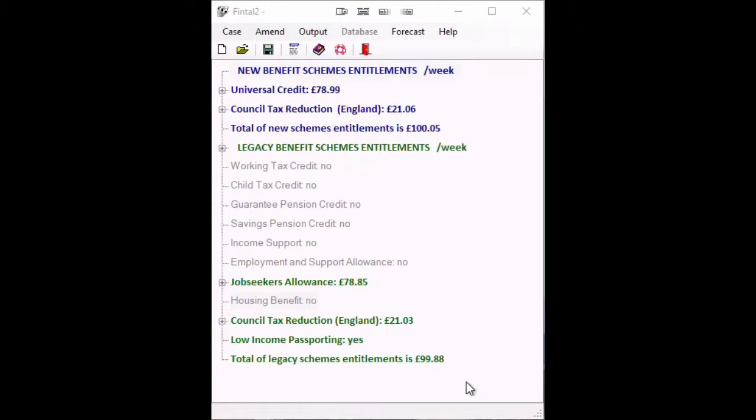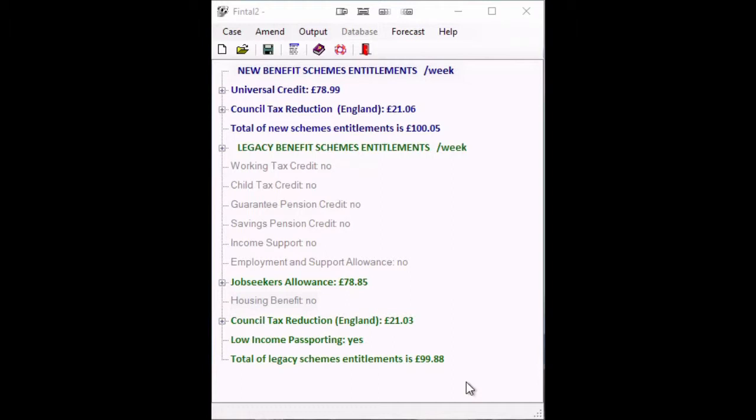There is a new complication in the benefits system since the 15th of May 2019, in what are called mixed age couples. These are couples where one person is over pension age and one person is under pension age.